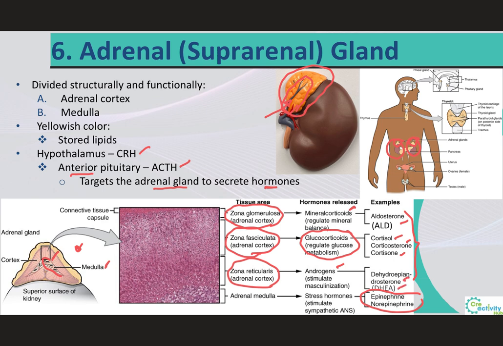You guys know I'm not going to say that word again. And then the adrenal medulla is going to secrete stress hormones, more specifically epinephrine and norepinephrine, and we will see all those in details, but this image here is good because it gives you a little review of everything that's happening and where it is happening on the adrenal glands.